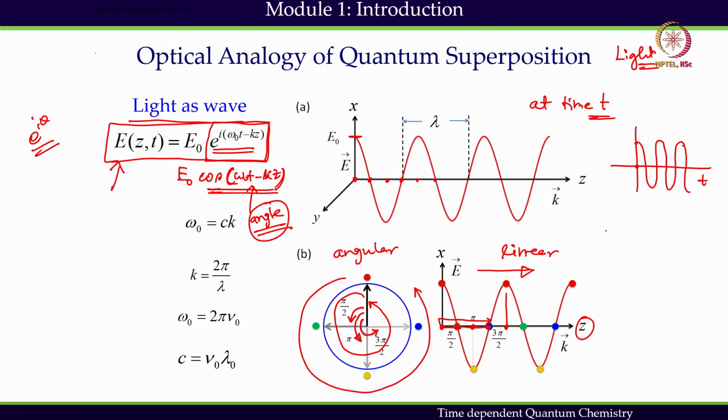This kz is the term which is controlling the linear advancement. So if I advance z plus lambda, the total wavelength, then the angular advancement would be kz plus 2 pi.